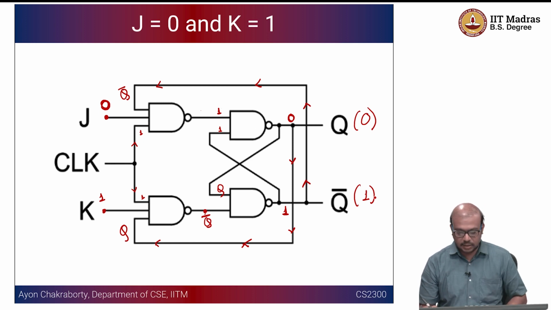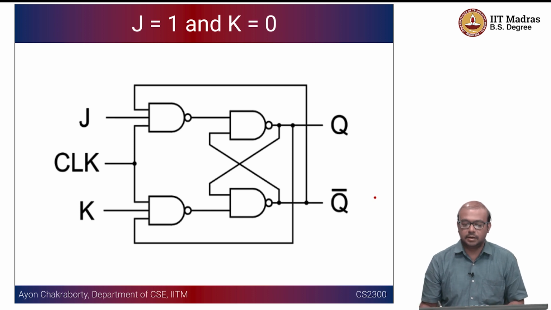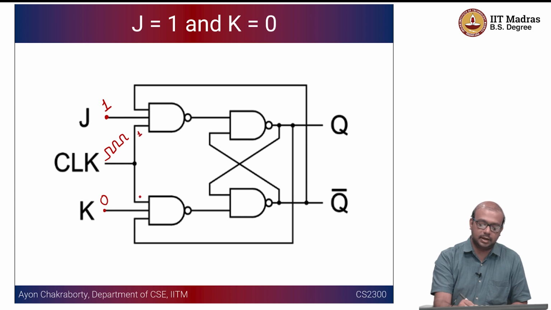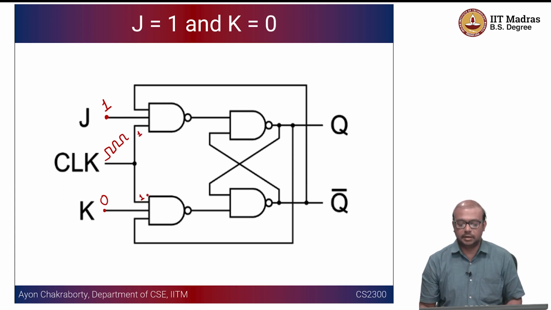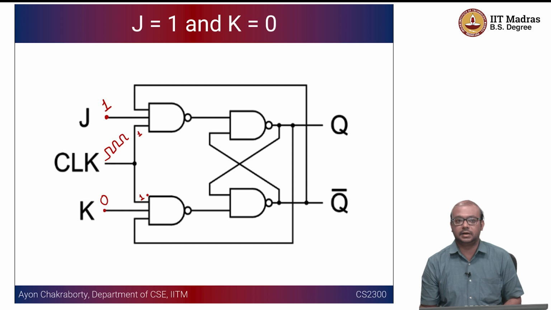The other case that we can try out is the reverse, where J is equal to 1 and K is equal to 0. There is an inherent clock that is being supplied. We are going to take this as 1 and 1, only considering the times when they are enabled, so that the NAND gate does not create a configuration with R and S both equal to 1.